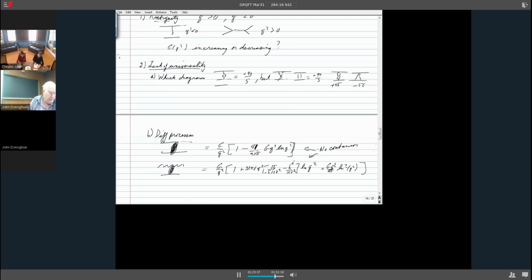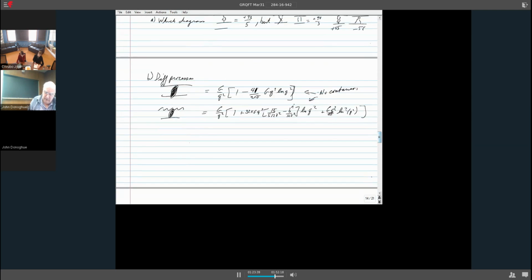So remember, we saw two heavy guys. All those interactions were G over Q squared, 1 minus 41 over 20 pi, G Q squared log Q squared. And the thing we just did with light, you do all these diagrams here.